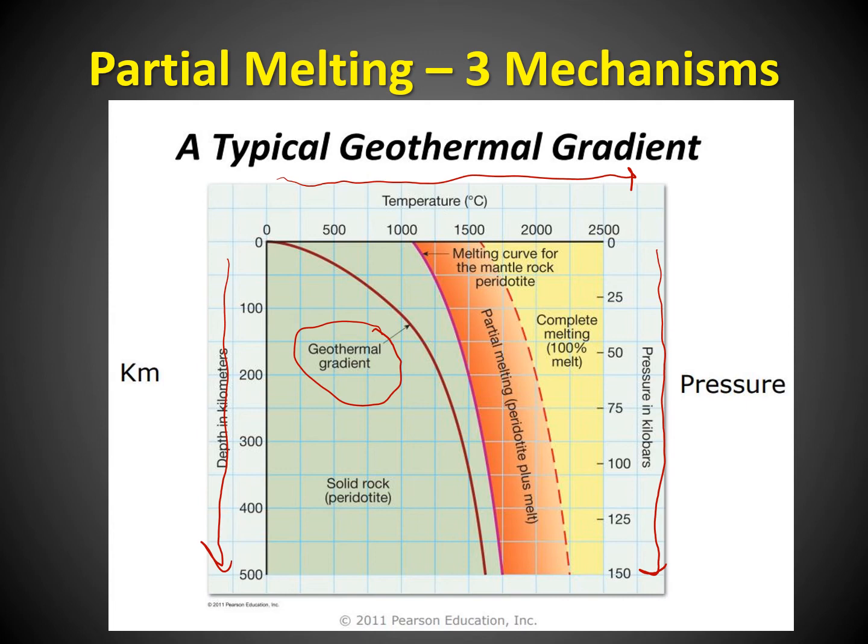Now, what you also see on this plot are 3 fields, okay? This green field is solid rock. Anytime you're in that green field, you are not hot enough to melt anything. Your pressure and temperature is not sufficient to melt anything. So you're going to have solid rock.